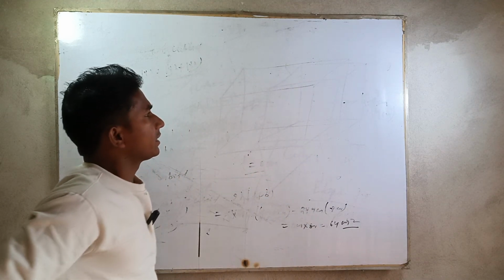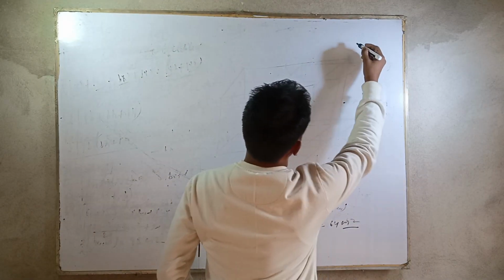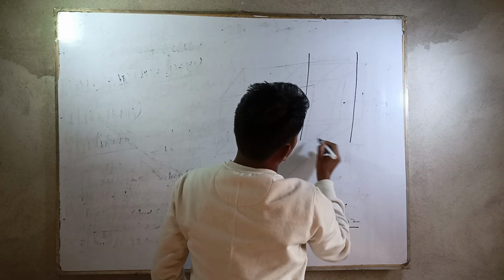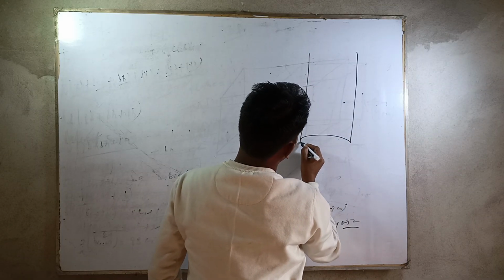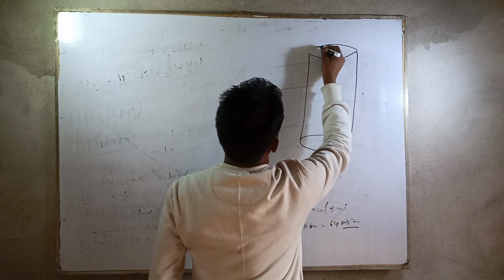So next one is cylinder. I would have a figure like this one. This one will be in shape of cylinder.